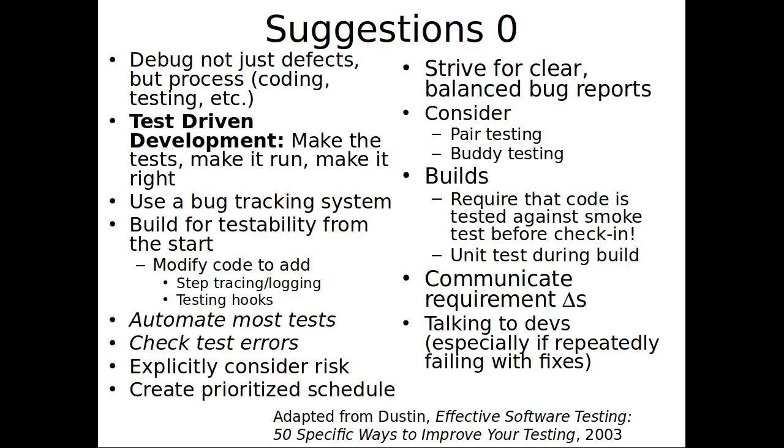Okay, buddy testing and pair testing. Anyone know the difference between these two? It's actually a significant difference. Amongst other things, often pair testing is done by testers. It's like pair programming, but for testing. 2 people sit next to each other.